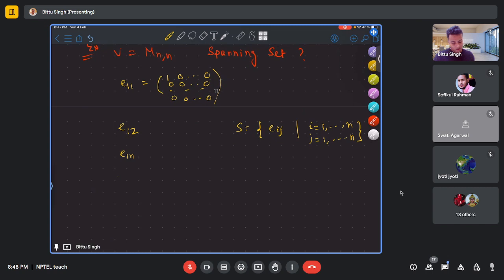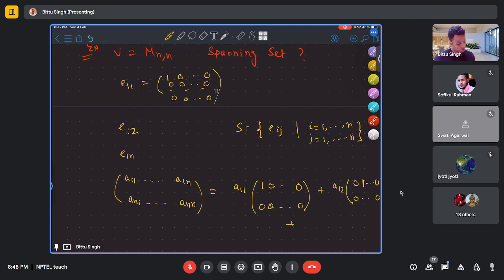Because any matrix A11 up to A1n and An1 up to Ann, you can write it as A11 times the matrix with 1 in the first position and everything else 0, plus A12 times the matrix with 1 in the second position and everything else 0.